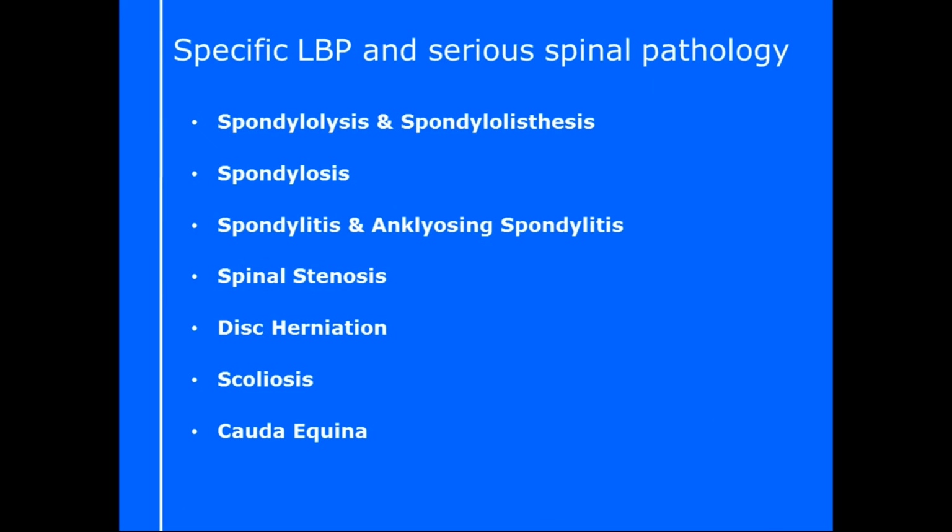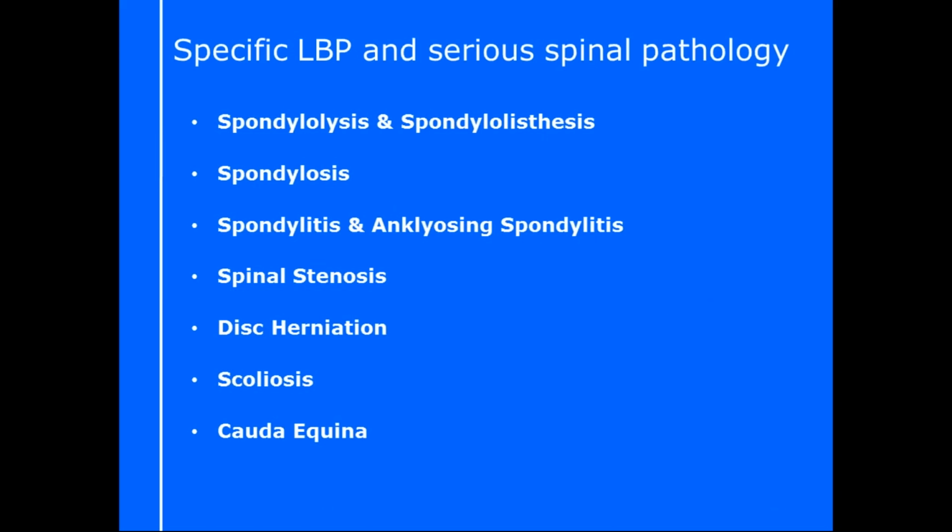So that kind of brings us to all 7 of the specific low back pain and serious spinal pathology conditions. So we had spondylolysis, spondylolisthesis, that was about the fracture. So spondylolysis was the little fracture, spondylolisthesis was the full displacement, spondylosis, which was the arthritis type that gave us those little bony spurs.